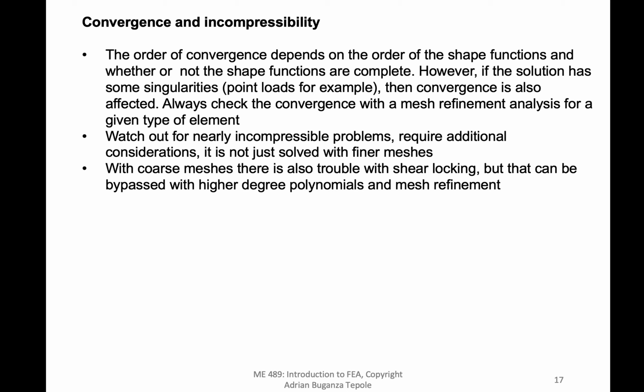That's one thing. Another thing that can happen is shear locking, which we also did in one of the labs, the cantilever beam. We introduced the term shear locking, and that can be bypassed with higher degree polynomials and mesh refinement, having enough elements through the thickness.